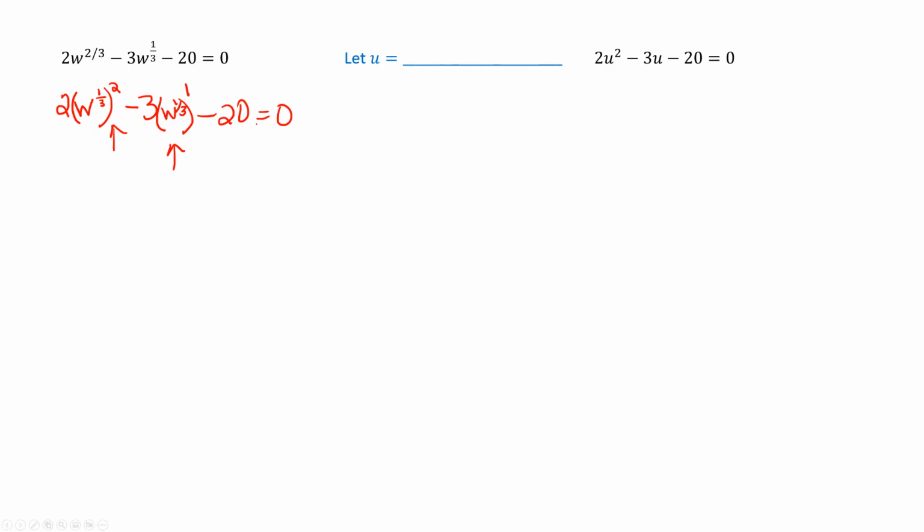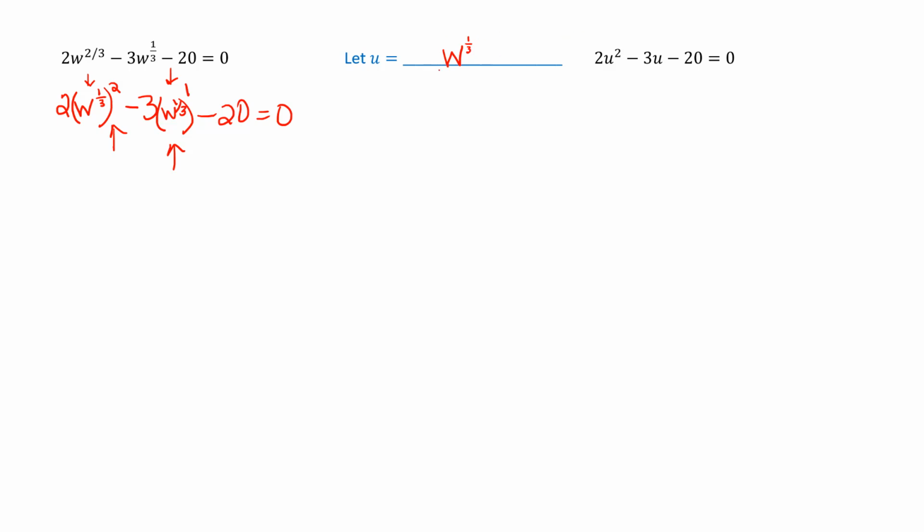A little tricky to notice, but so that we can write it as a more simple looking quadratic, this time we're going to let u equal w to the 1/3 power. Because if we do that, we can write 2u squared, so w to the 1/3 power squared, there's our u squared, minus 3u, so 3w to the 1/3, and then minus 20 equals 0.